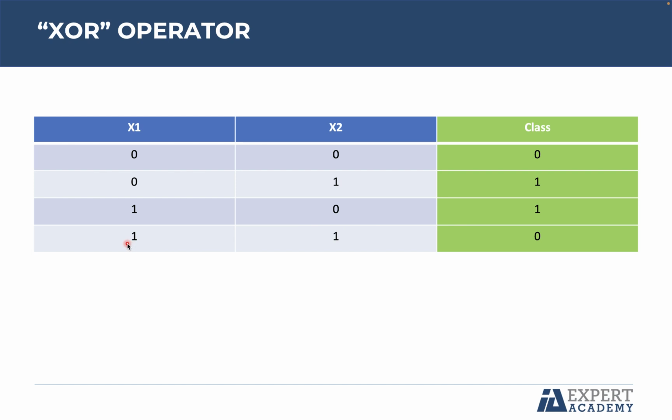And finally, if x1 and x2 are both 1, the expected output is 0. The goal is to find the best weights to classify the XOR operator. And as I said before, it is not possible to solve this problem using the single layer perceptron, since this is a non-linearly separable problem.